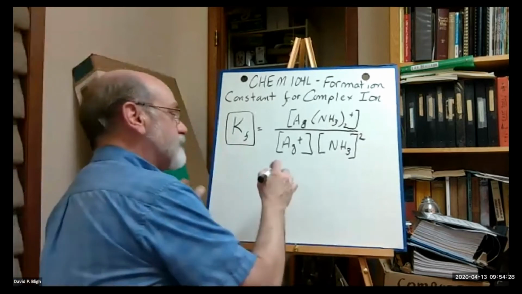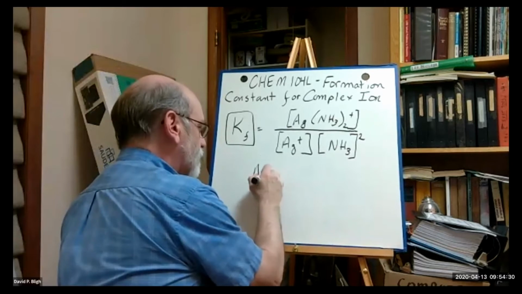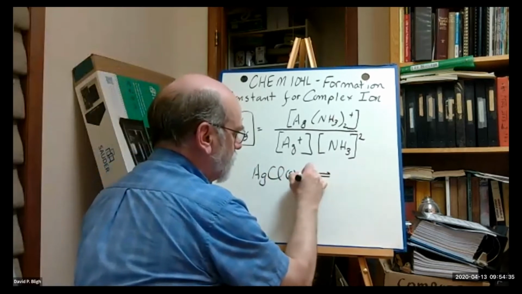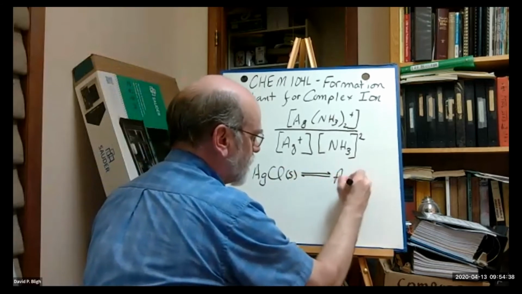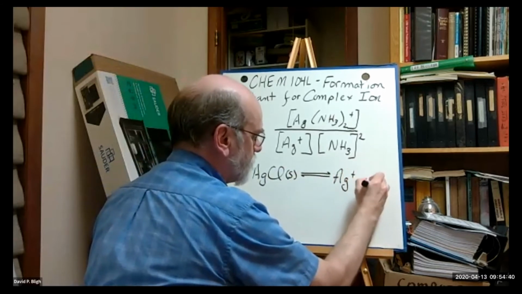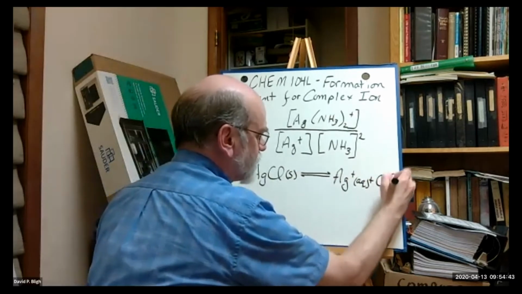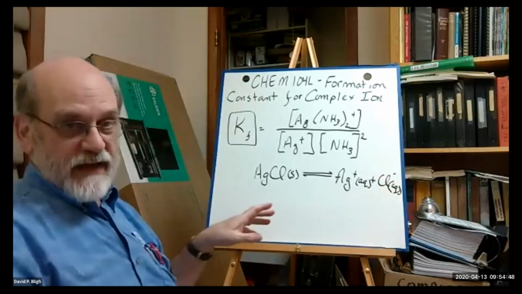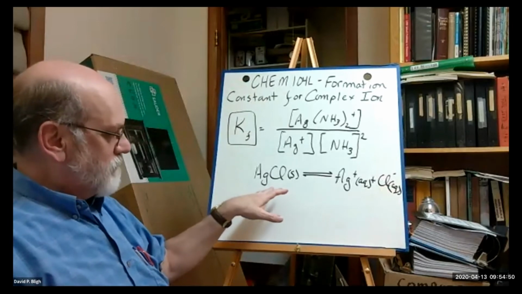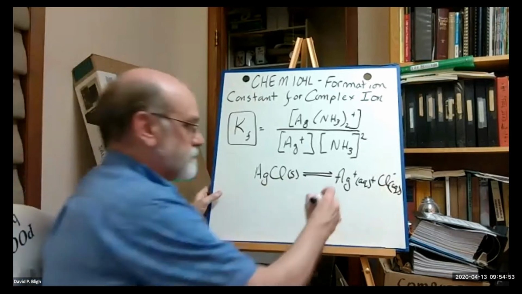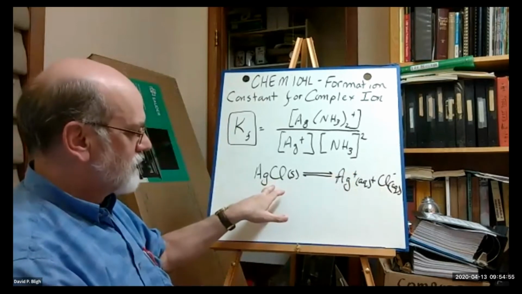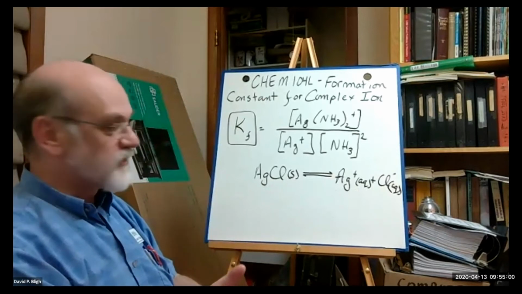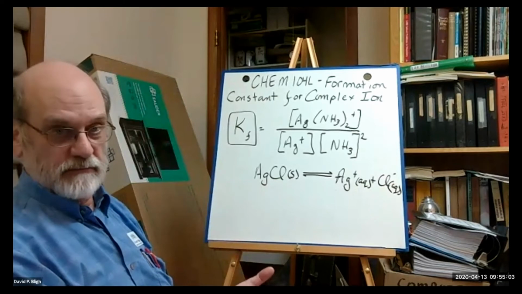So this one is in the form of this plus that. So you'll recognize this as a solubility problem. That's a solid. And for quantitative purposes, we say that silver chloride is insoluble.